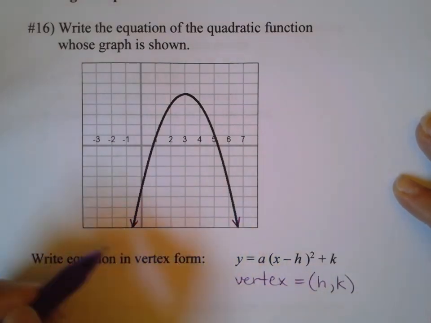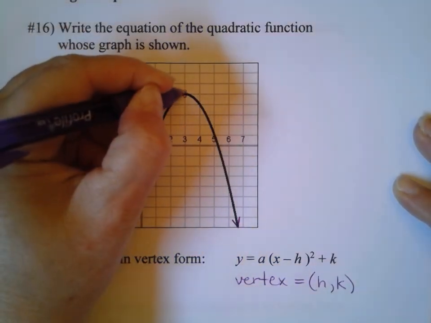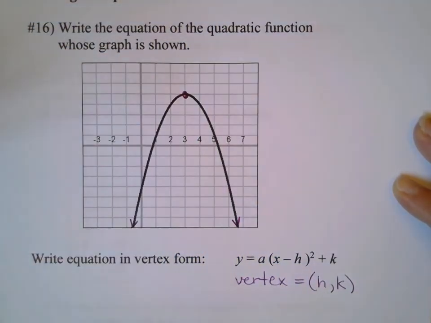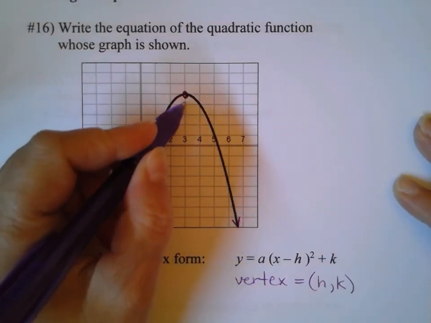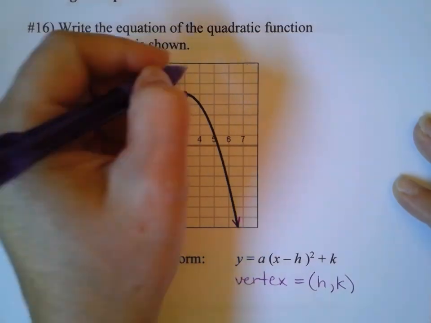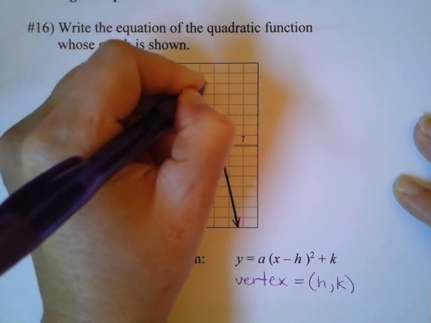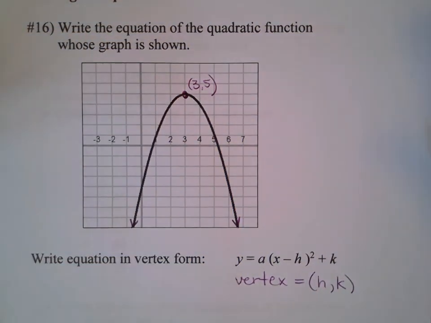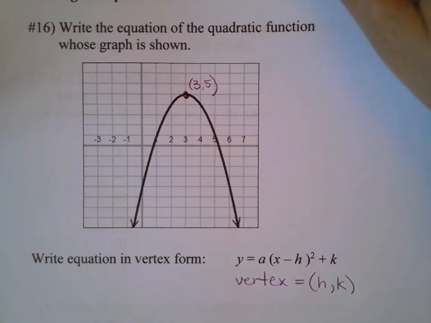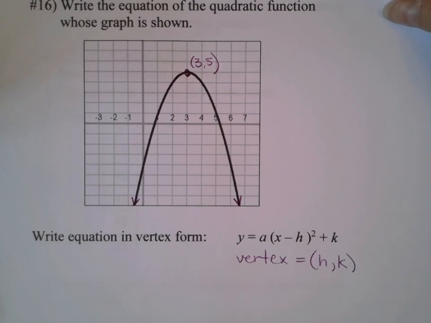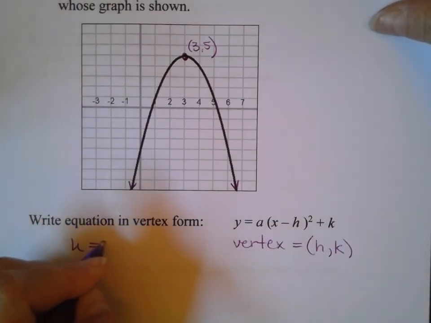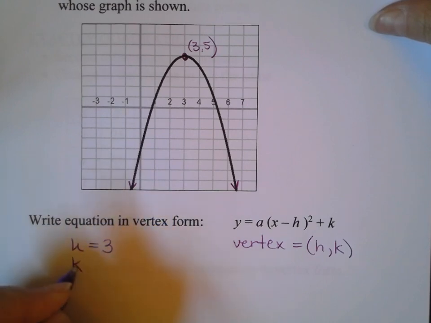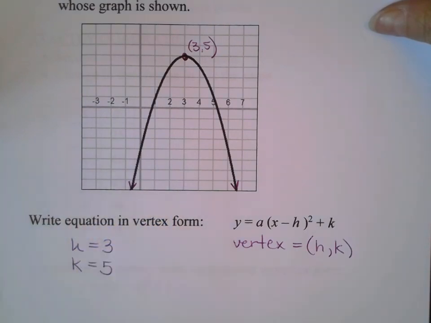All right, so I think you can pinpoint the vertex. It's right here. So that would be the point (3, 5). If the vertex is (h, k), and the vertex on the graph is (3, 5), it follows pretty easily that h must be 3 and k must be 5.